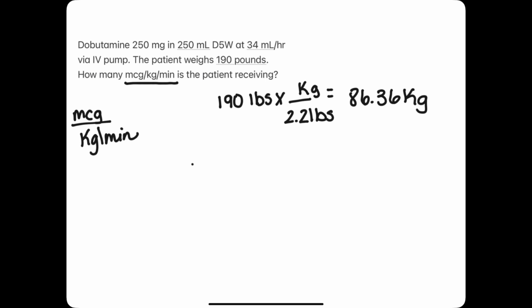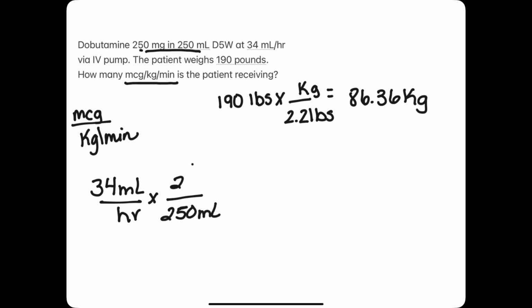All right, so now let's go. I'm going to start off the problem with what the current rate is, which is 34 mLs per hour. Okay, so we're going to go back to the problem, and we see that we have 250 mLs and 250 mgs. So I'm going to write mLs on the bottom because I want mLs to cancel out. mLs cancel out.